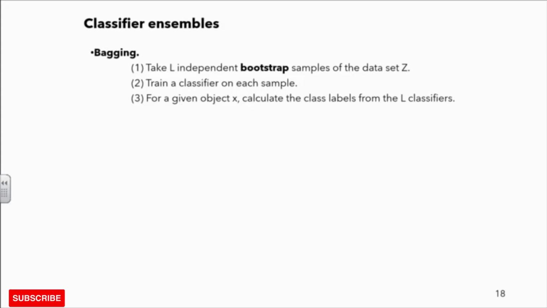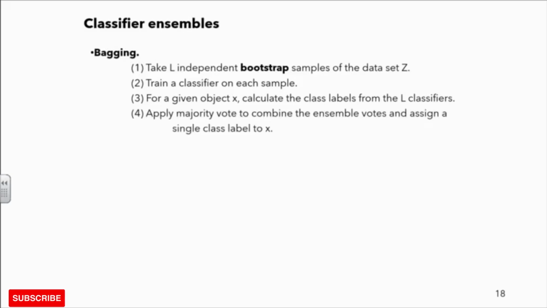Then, for a given object X, we train a classifier on each sample. So we consider every classifier has been trained. For a given object X, we calculate the class label from the L classifiers. So now we've trained on one Bootstrap sample, on one Bootstrap sample, on one Bootstrap sample. They're trained. We got another object X here, and we have these predictions.